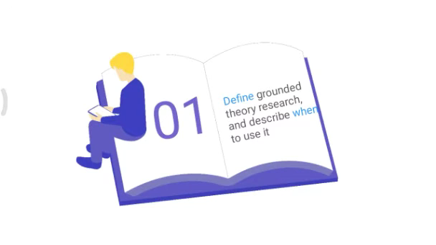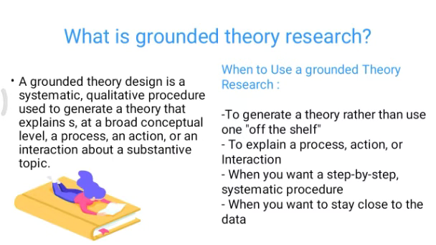Okay, I will explain the topics one by one. Start from define grounded theory research and describe when to use it. What is grounded theory research? A grounded theory design is a systematic, qualitative procedure used to generate a theory that explains, at a broad conceptual level, a process, an action, or an interaction about a substantive topic.